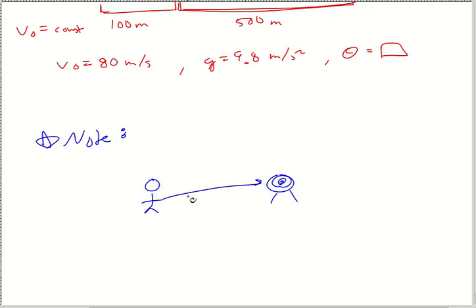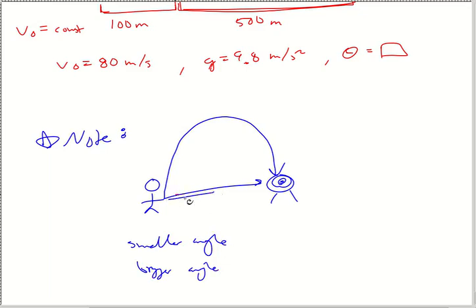So your angle is going to be a very small angle. Or you can throw it way up in the air and it comes down like this. I know that sounds silly, but what I'm getting at is that you have a smaller angle answer and a bigger angle answer. So you got this small little angle and you got a huge angle.